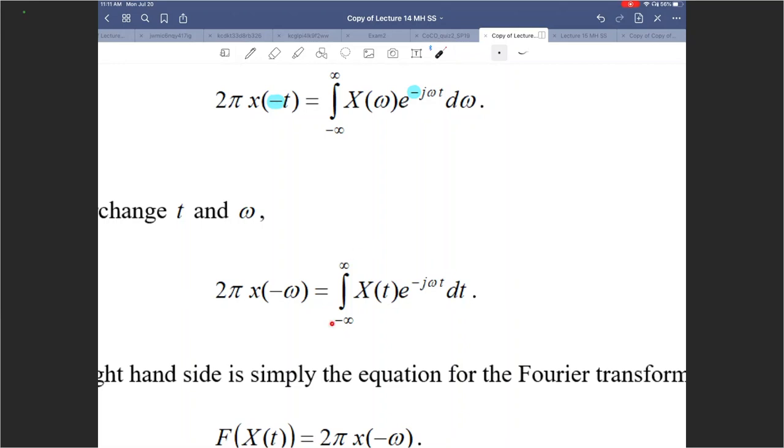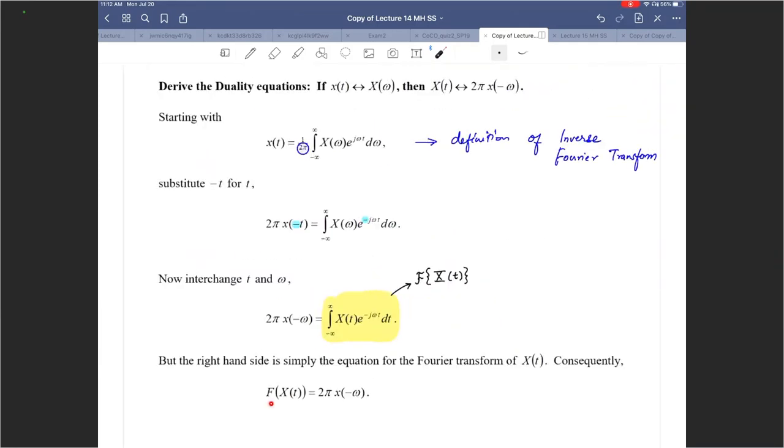Now what is that? That is simply the Fourier transform of cap X of t. So we have changed the function small x to capital X. So the Fourier transform of capital X now is going to be 2 pi small x of minus omega, which is written up right here.